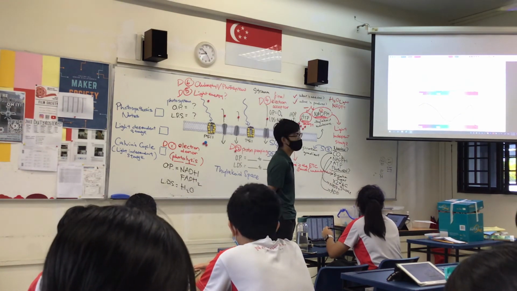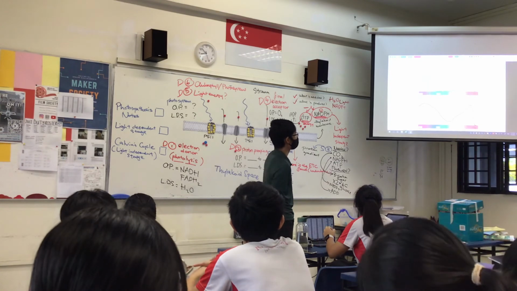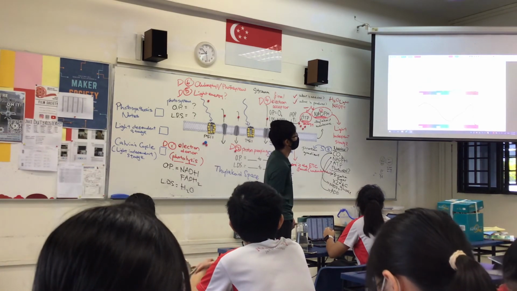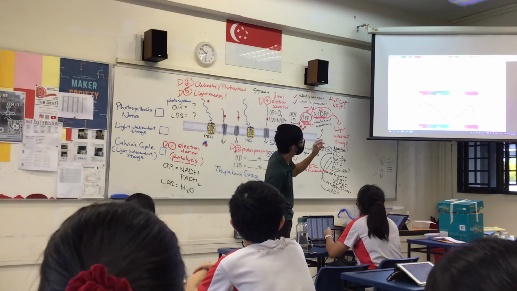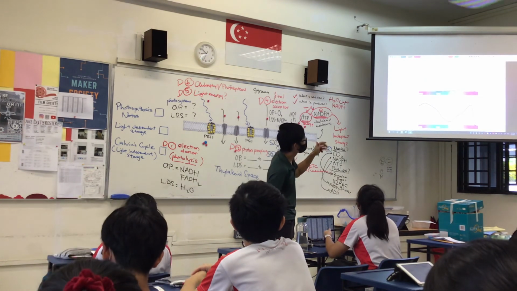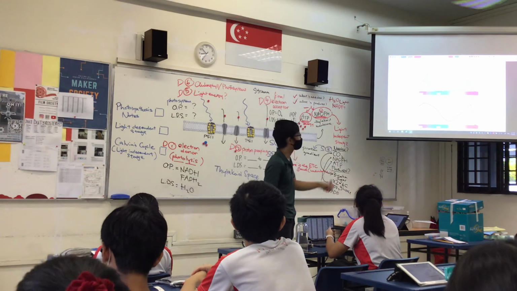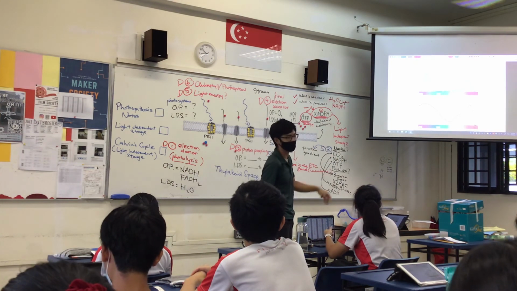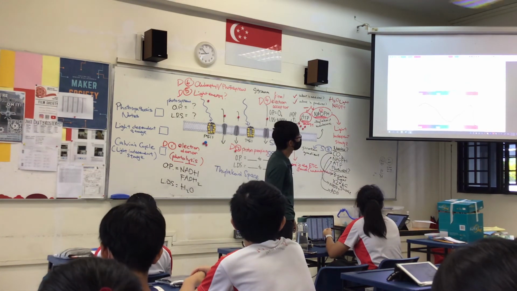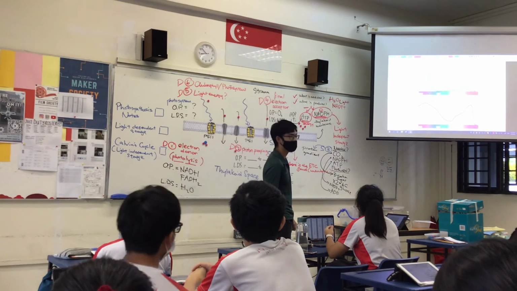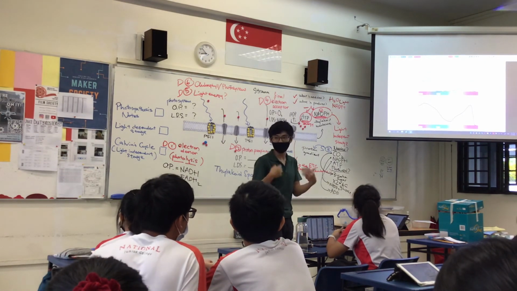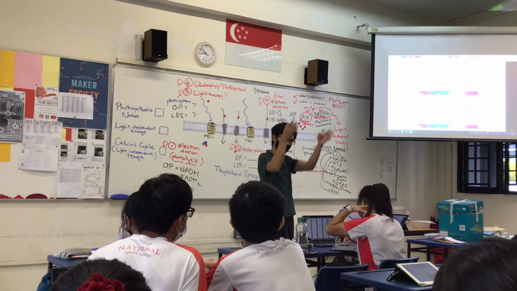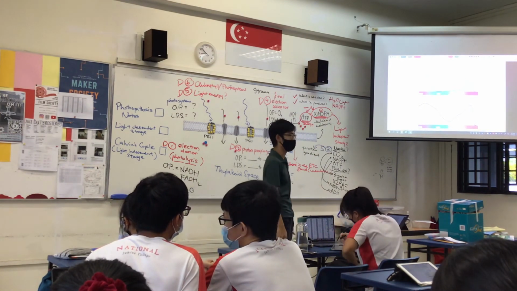Chlorophyll A's peak absorption is at which spectrum of light? Around 430-ish, yeah? What's the second peak? 660-ish. Okay, so if you ever see this graph, you have to draw dotted lines to properly estimate.